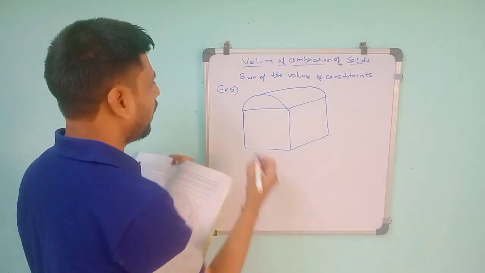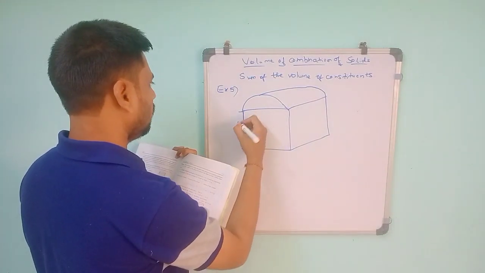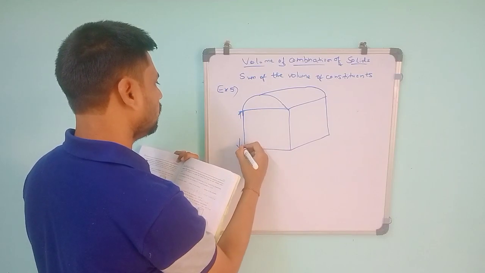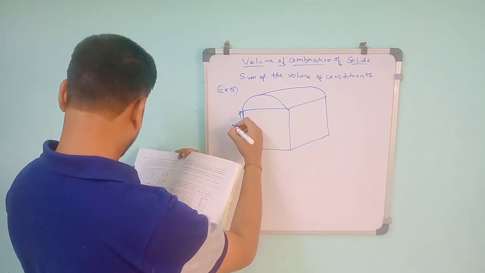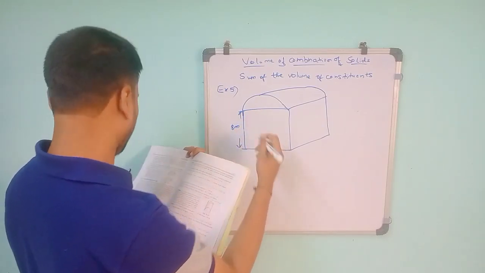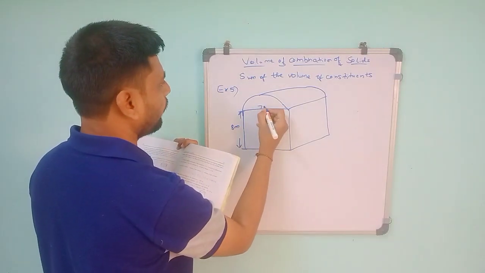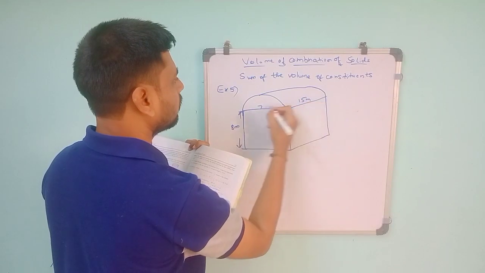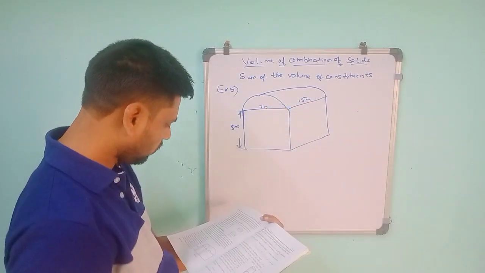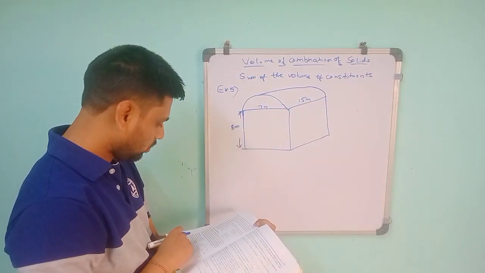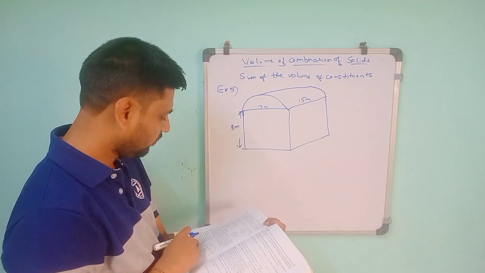In that, the given height of the cuboidal portion is 8 meter, and the base of the shed is 7 meter into 15 meter. So this is 7 and this is 15 meter. And they also told to find the volume of the air that the shed can hold.